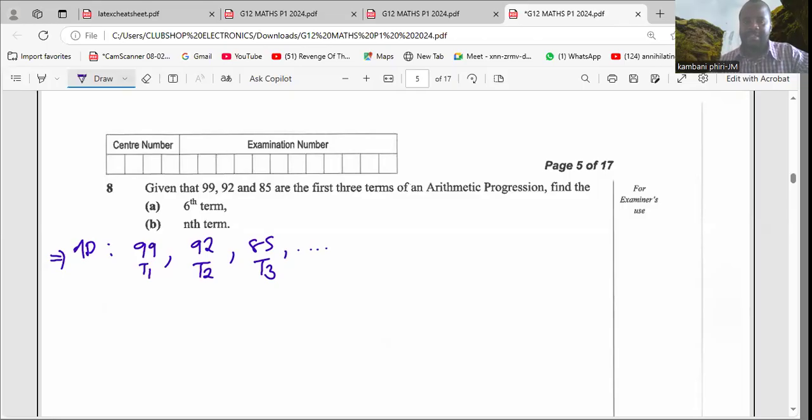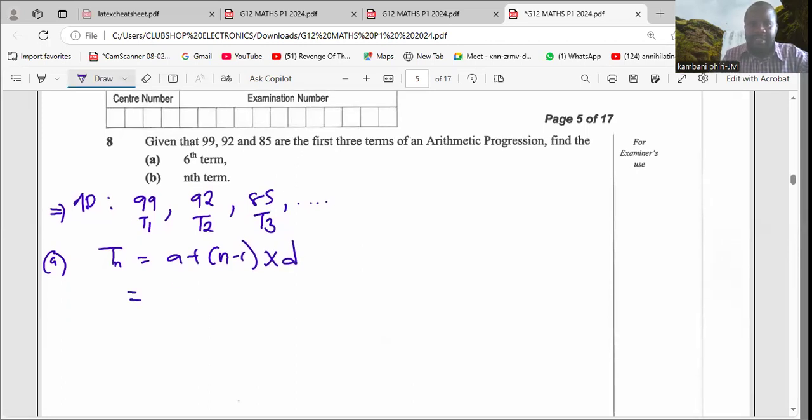Find the 60th term. You can keep on reducing the numbers up to the 60th term. But to do that, we can easily use a formula Tn is equal to A plus n minus 1 times D. So what is our first term?